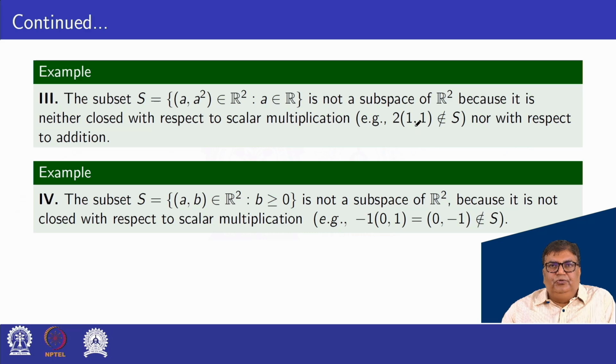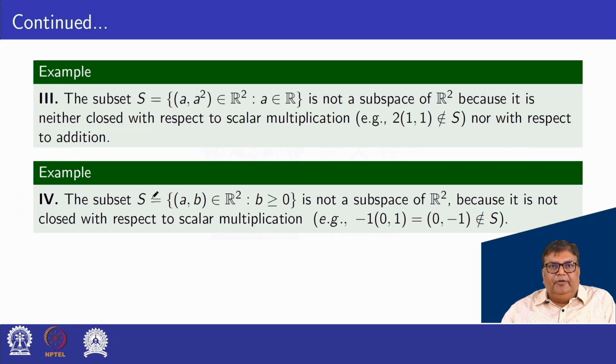So 2 times (1, 1) is (2, 2). Here the ordered pair is defined as (a, a squared). Here (1, 1) is 1 into 1 squared. But if you write (2, 2), this is not (2, 2 squared). That is, 2 into (1, 1) is not an element of S. So the scalar multiplication with a vector is not a vector.